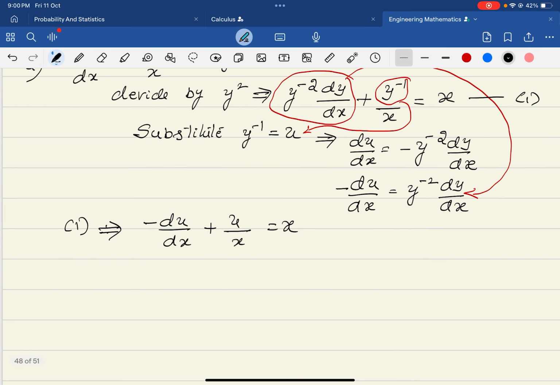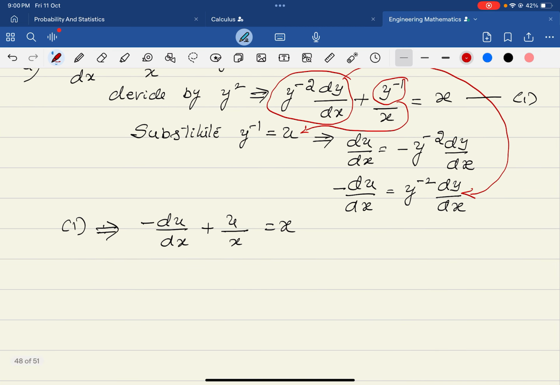Now when you compare this with the standard form of the linear equation, we have slowly entered into linearity from non-linearity, correct? The standard form is dy by dx plus p of x into y is equal to q of x. Always compare with the standard form of the linear equation. So you understood that dy by dx is always alone.